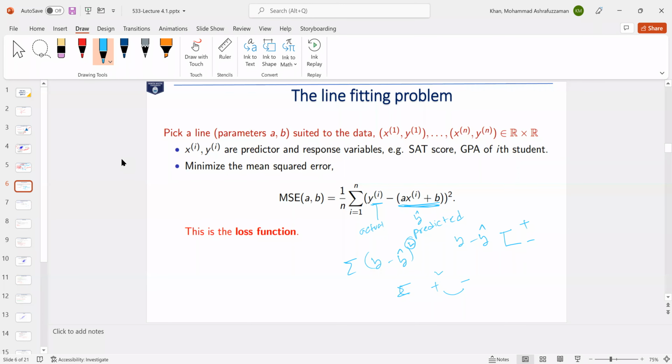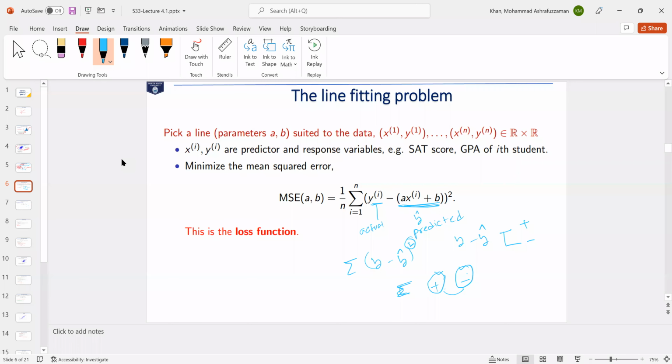Be it positive, be it negative, it's a loss value. So we must take the loss into account. We cannot let the sum somehow compensate for the loss value and give us the magnitude of the loss as some smaller quantity.